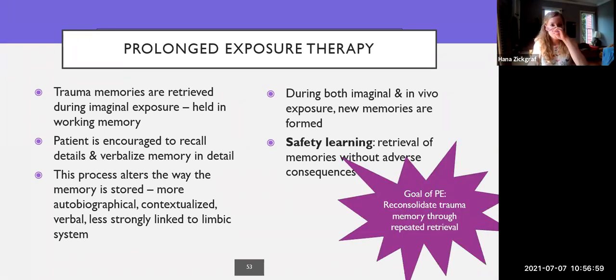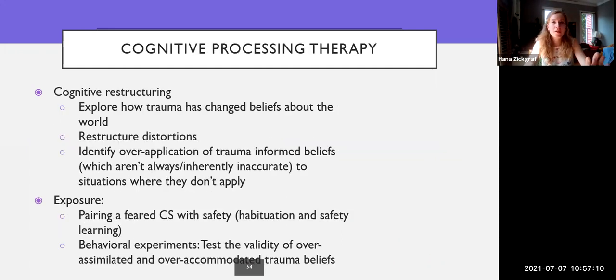So the primary goal of prolonged exposure therapy, the thing that makes it unique, is to reconsolidate trauma memory through repeated retrieval, both through imaginal exposure and in vivo exposure. Whereas prolonged exposure therapy really works on alterations in memory encoding and retrieval, cognitive processing therapy more targets changes in beliefs.